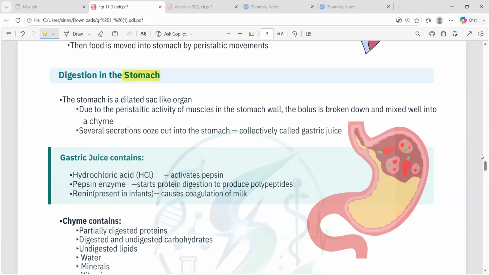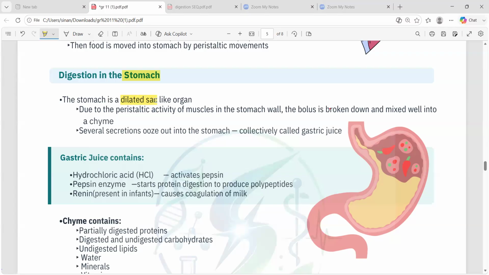So now all the food comes and falls into the stomach. So stomach is what? It's a dilated sac. It has very large empty spaces, and also there will be liquids. It's exactly like a pool. So all these foods come and fall into this pool-like stomach.